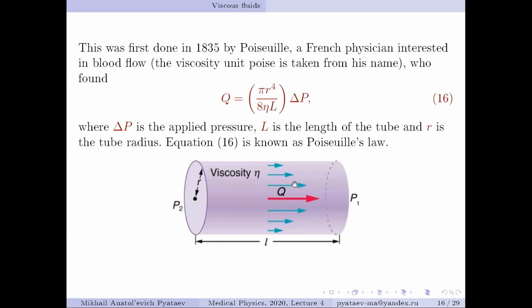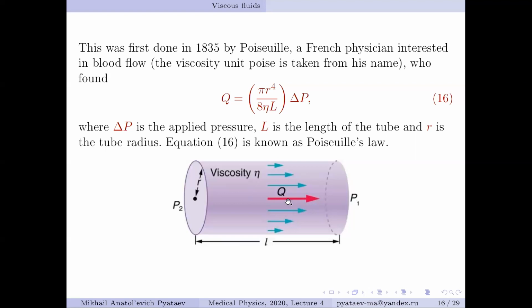Another thing here, delta P is the change of pressure. So in contrast to Bernoulli's law, here we have direct proportionality between Q and delta P. Another factor here is L in the denominator. It is because the longer the tube, the larger its resistance to the flow.